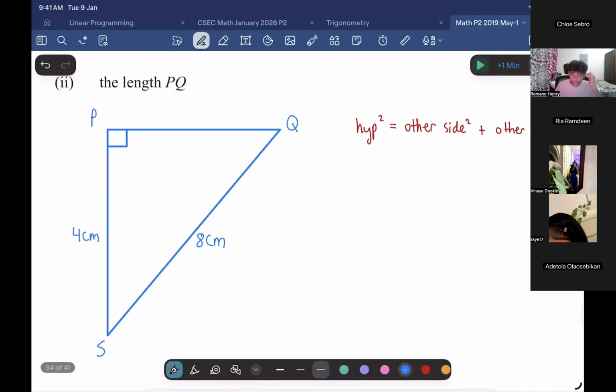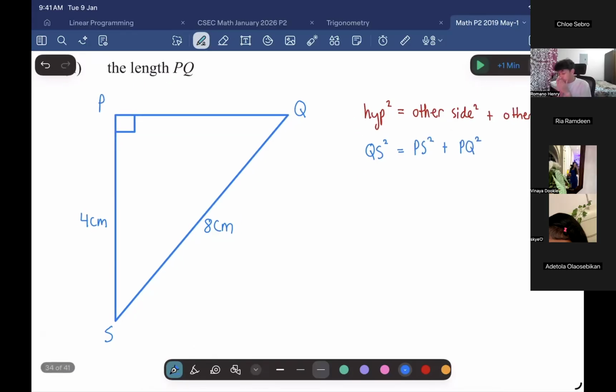I wanted to hear QS. We can do the substitution after. So my hypotenuse is QS, squared, and tell me the other sides now. PS squared. Yes, sir. And PQ squared.